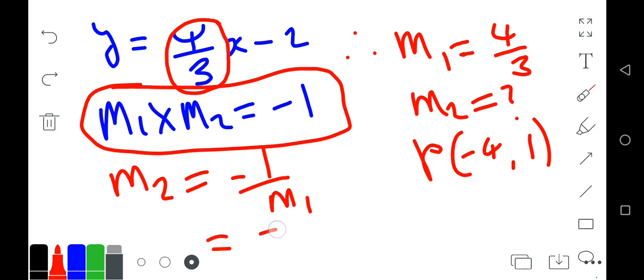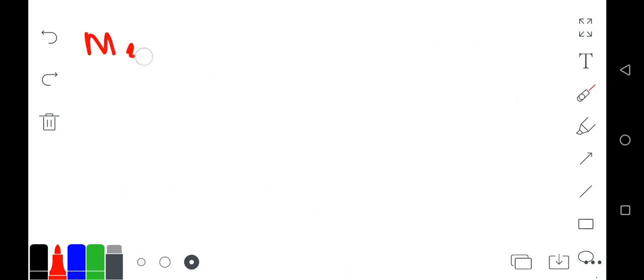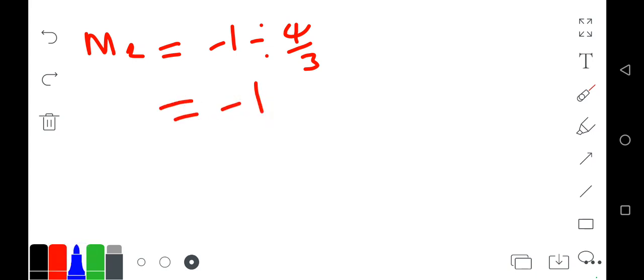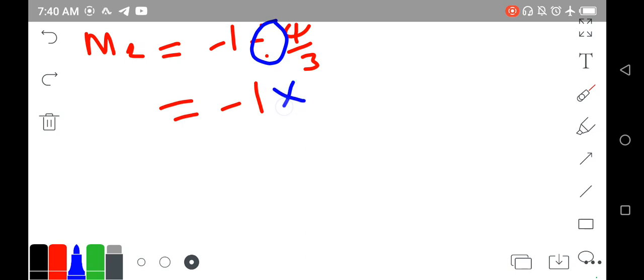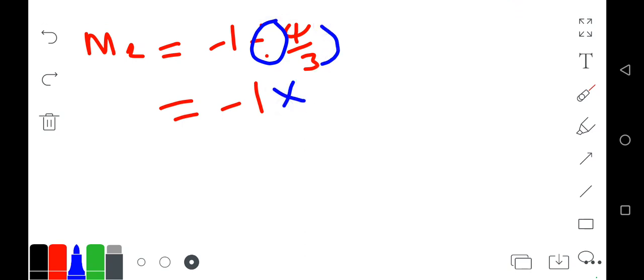And this is just going to be negative 1 divided by 4 over 3. So simplifying that, when you have division, change it to multiplication, then this 3 goes on top, becomes 3 over 4.